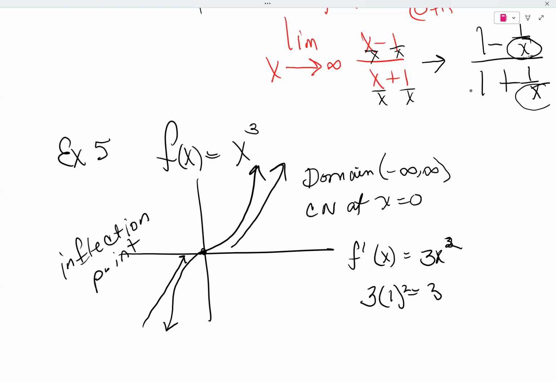And if I were to do -1 as a test point, so 3 times -1 squared, I still get 3. So we have basically to look at the left and right side. So here's your -1, there's your +1. And so we are looking at that first derivative value. And so what we have in this case is a perfect example of one where you simply have an inflection point. Okay.